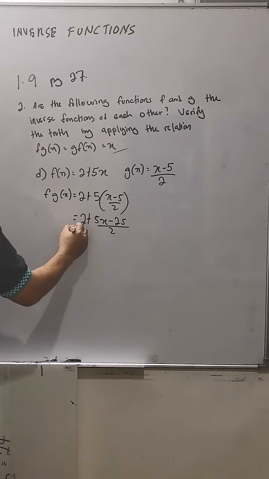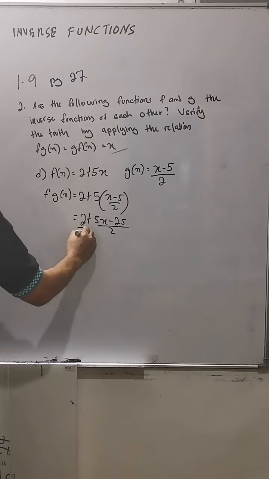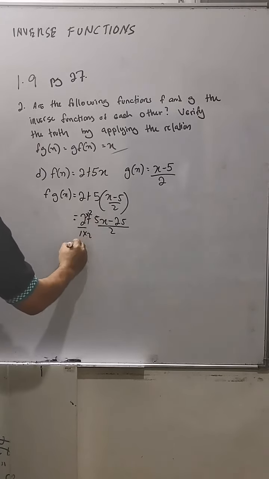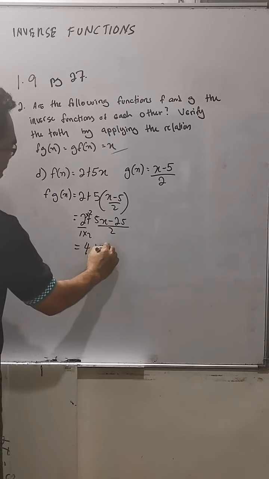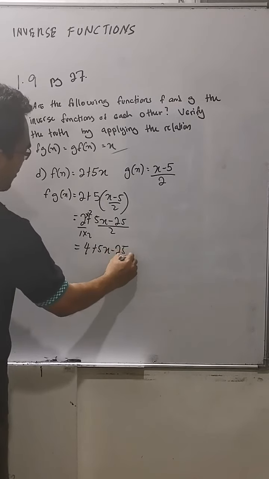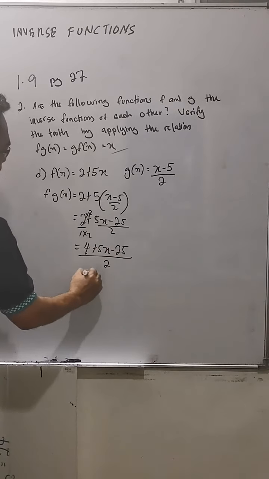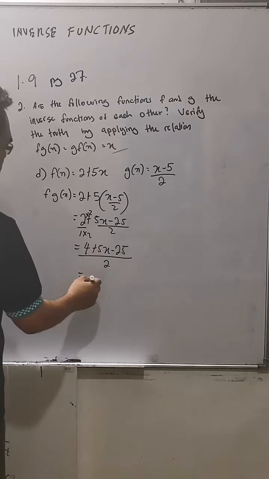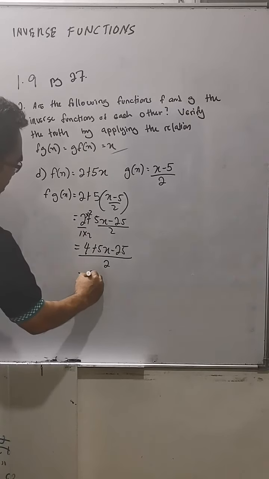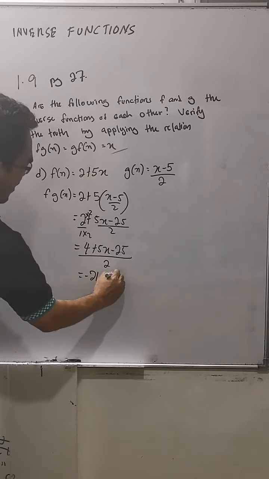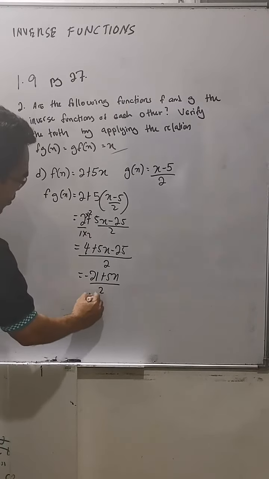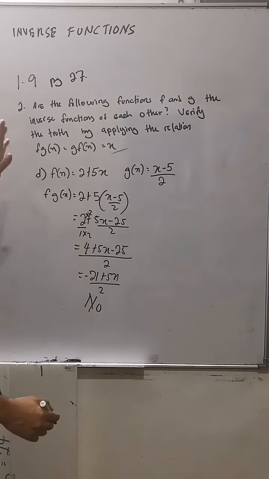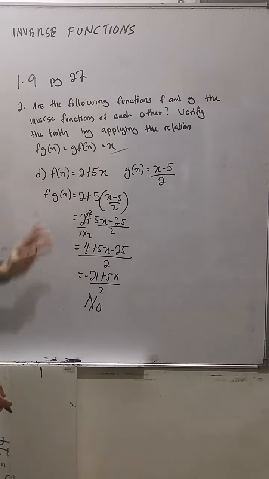So 2 is over 1 times 2 times 2. So the answer becomes 4 plus 5x minus 25 over 2. So 4 minus 25 will be negative 21 plus 5x over 2. So in short, the answer is no. Okay? f is not the inverse of g, g is not the inverse of f.